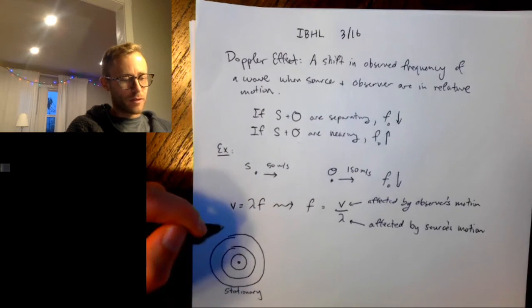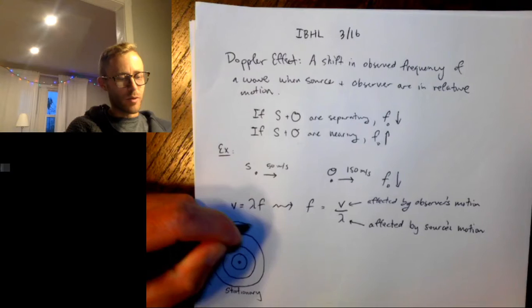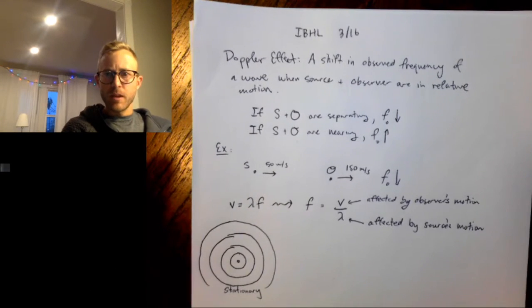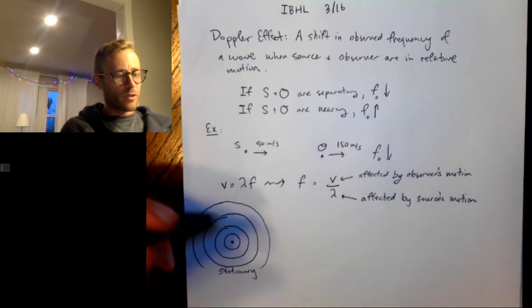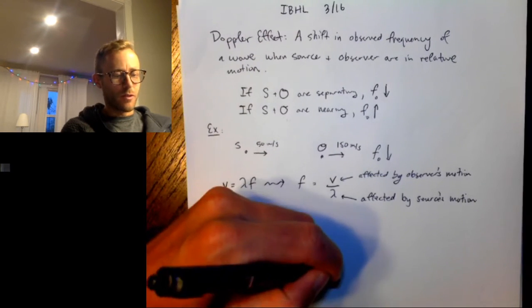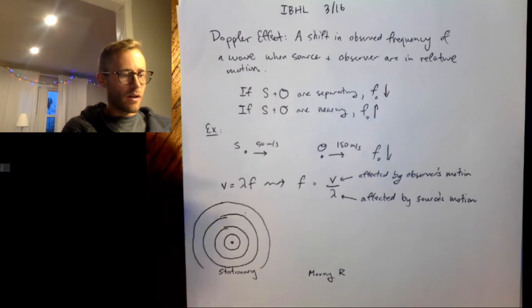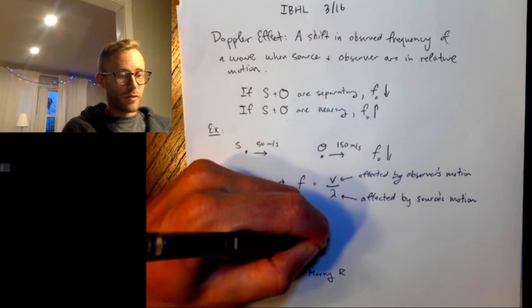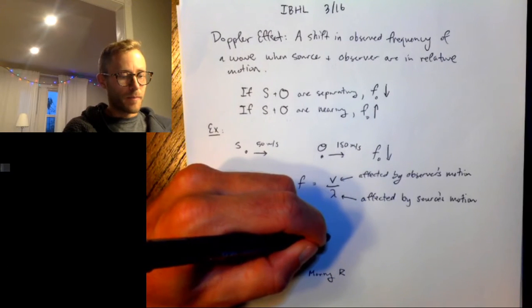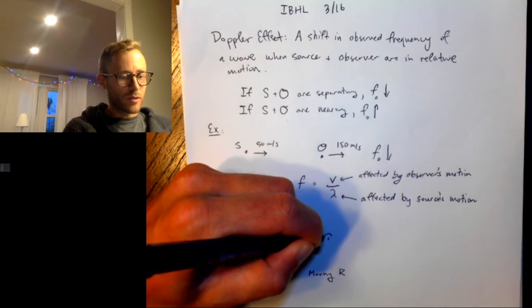It just looks like a bullseye. These are the waves going out, just like ripples in a pond. But if the source is moving, let's say to the right, then the circles aren't concentric anymore. So you get maybe some waves that look like this.